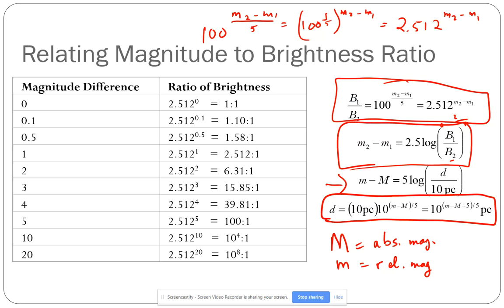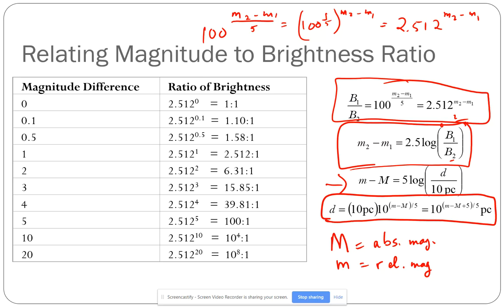And that the apparent magnitude difference has to do with the ratio of the brightnesses, and you should be able to use this equation either in this form or in this form. It's the same equation, just 2 different forms, to relate brightness with magnitude, the apparent magnitude.